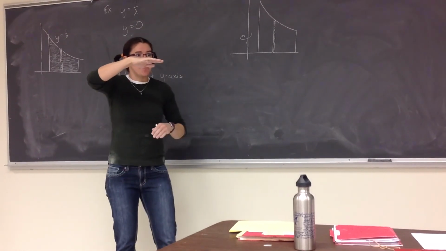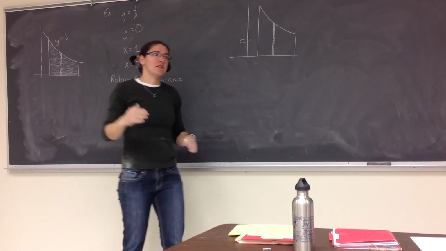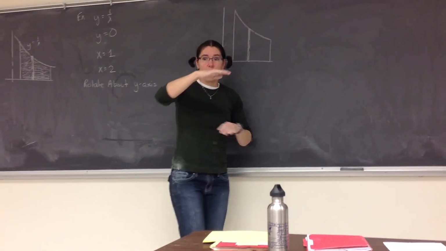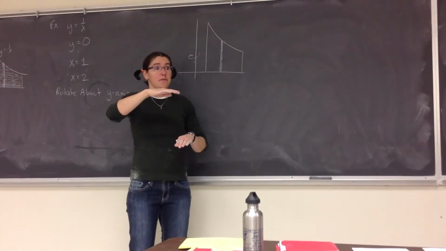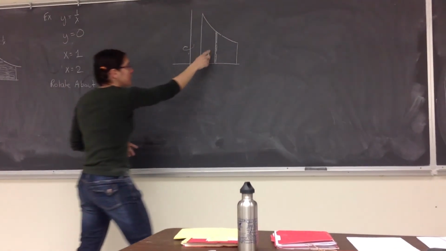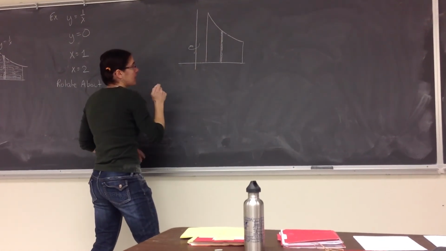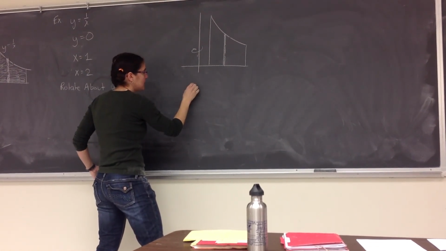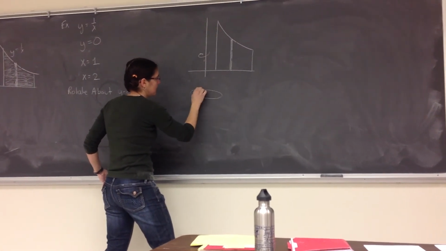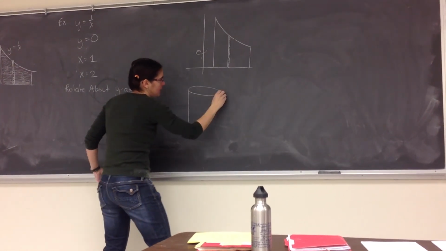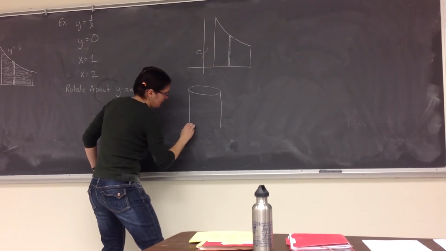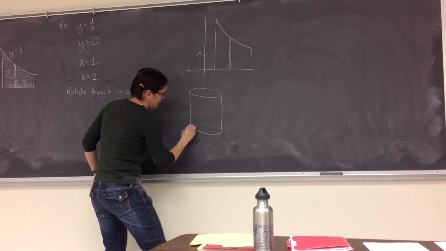There's going to be no top on it, no bottom. Essentially it's going to look like a soup can with the top and the bottom of the soup can cut off. And so this vertical rectangle, when I rotate it around, is going to give me an object that looks like this cylinder.